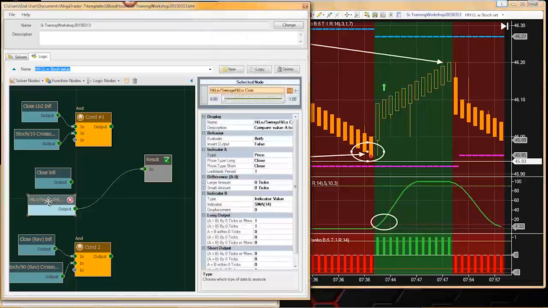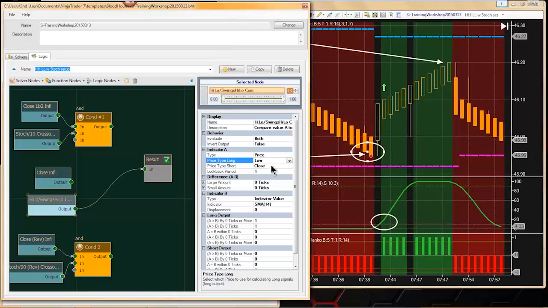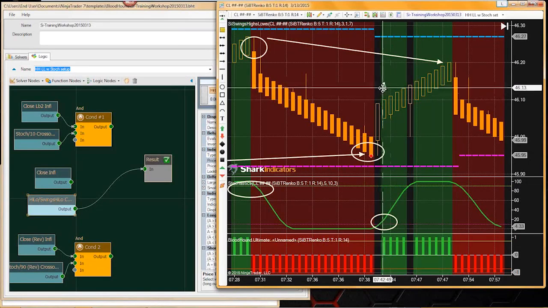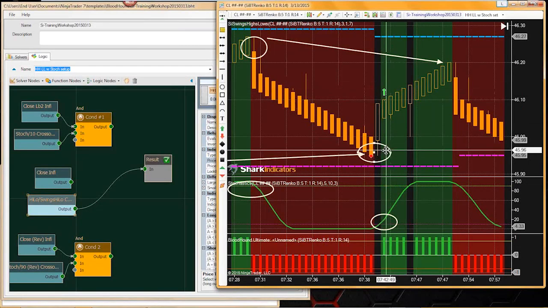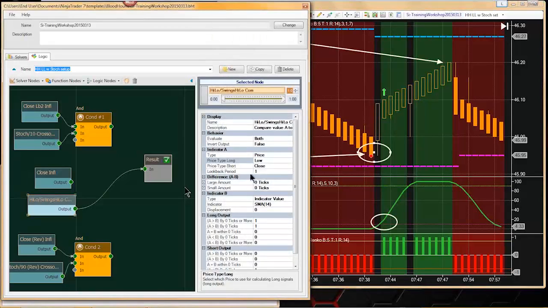So, all right, for a long signal, for the long output, we're going to be using the low price. Remember, we actually want a long output over here for condition 3, and so we're using the low price of the bar to evaluate this long output that we're wanting.